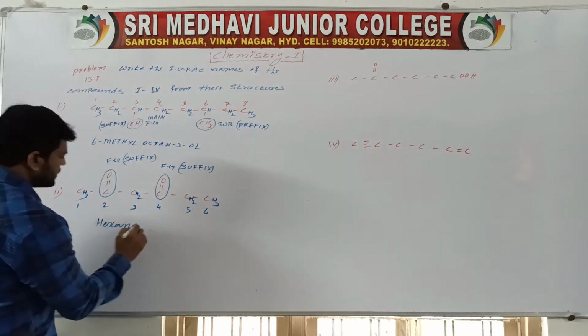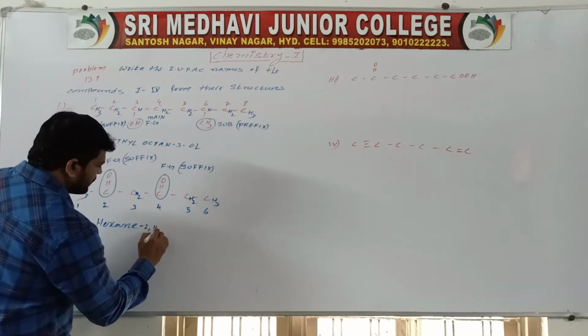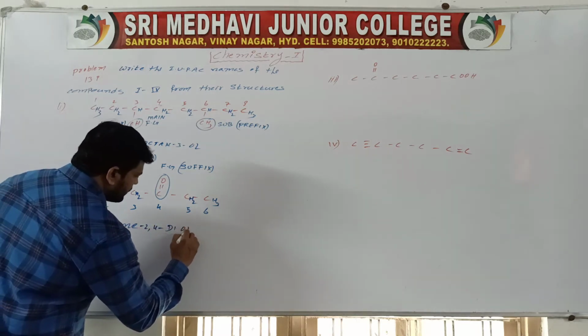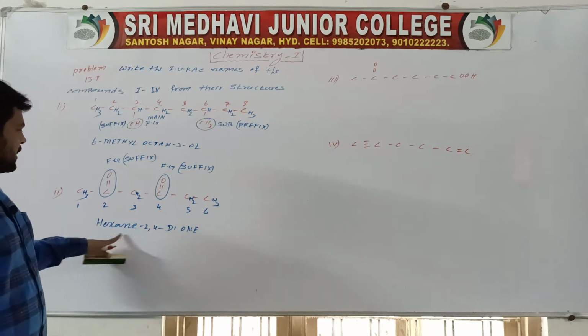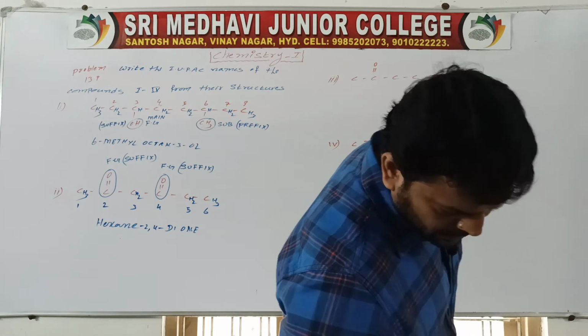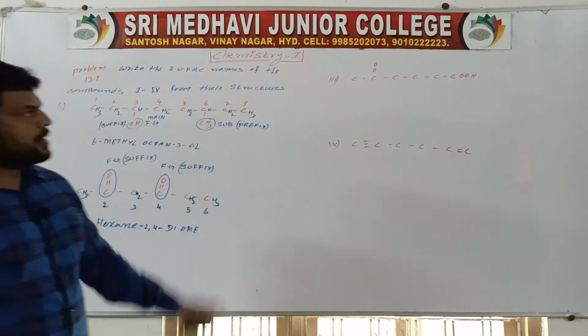Hexane, position 2,4, dione. The ketone group is written as the suffix one. So hexane-2,4-dione. You have to check once again. This is the way we write it.